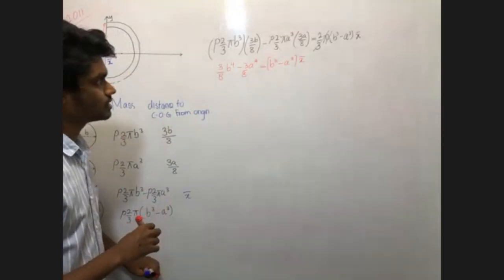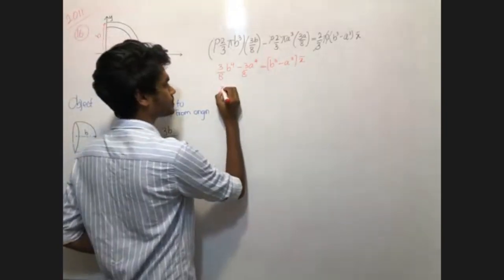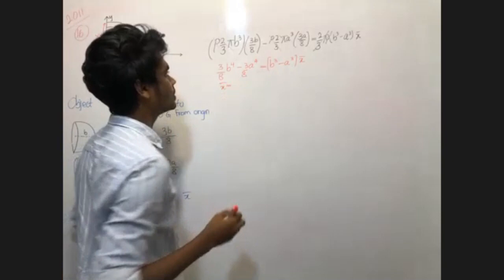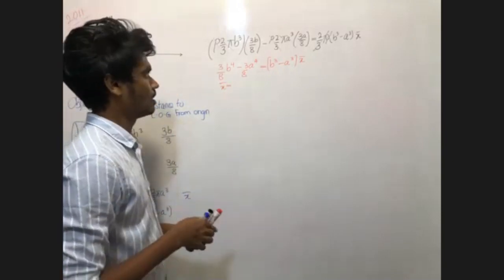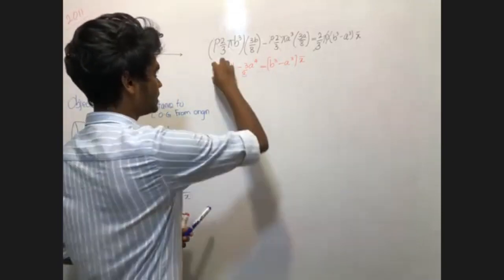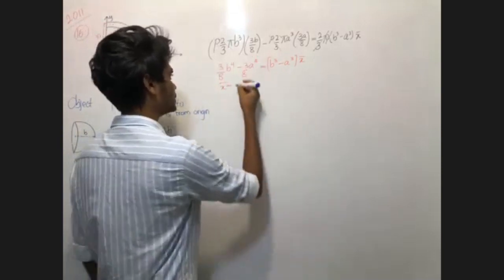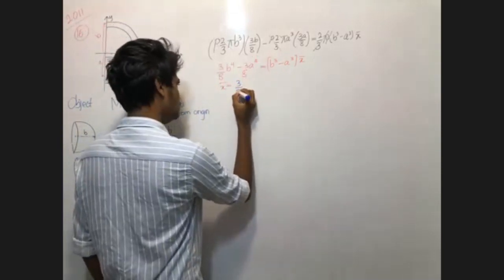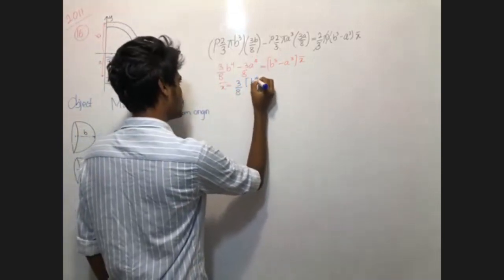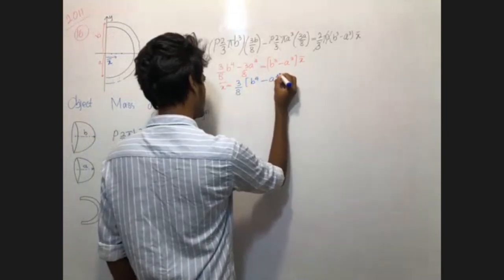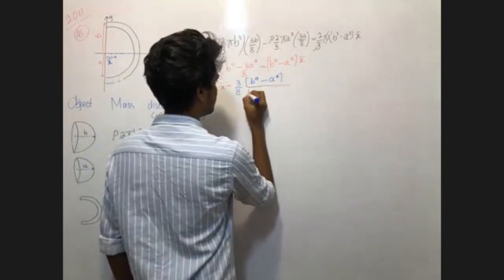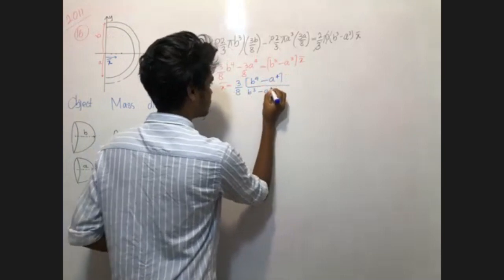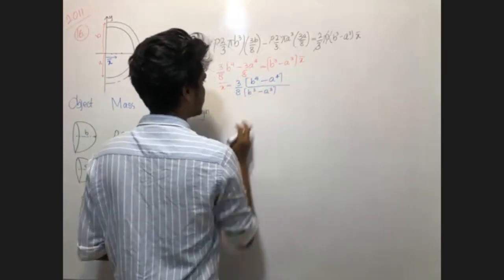So x bar is equal to, take 3 over 8 common out, B to the power 4 minus A to the power 4, over B cube minus A cube.